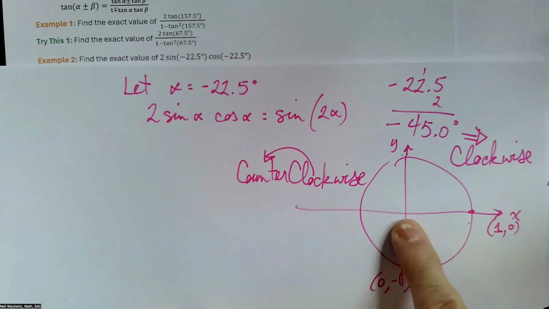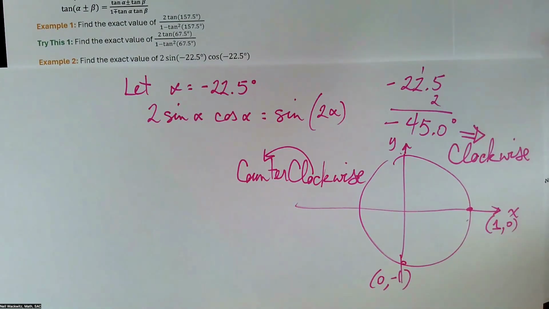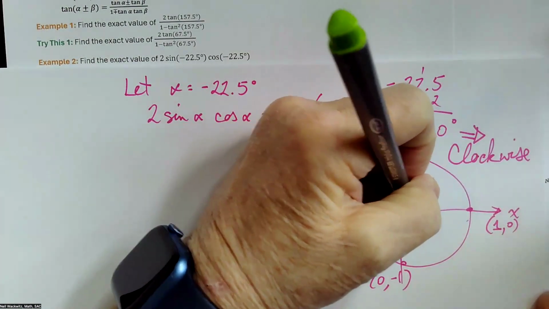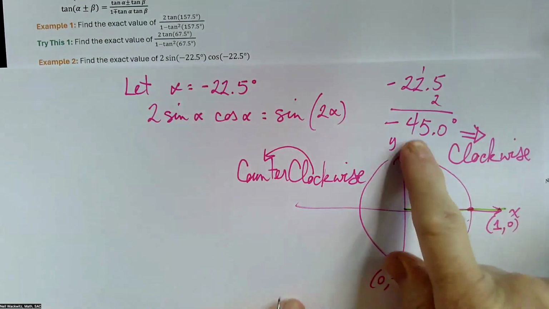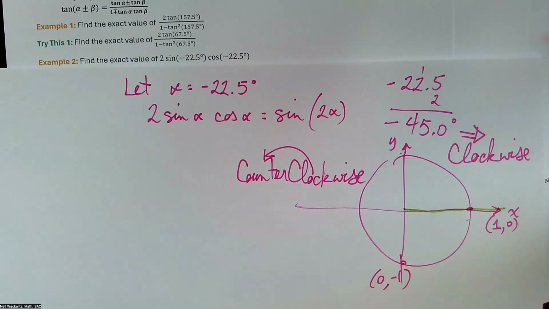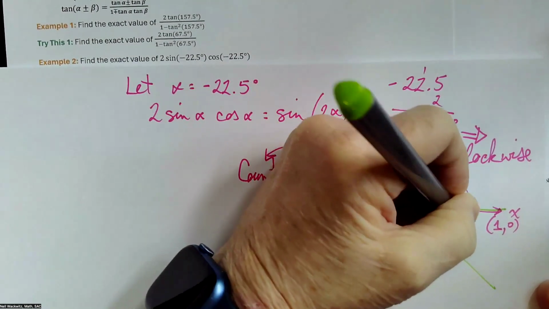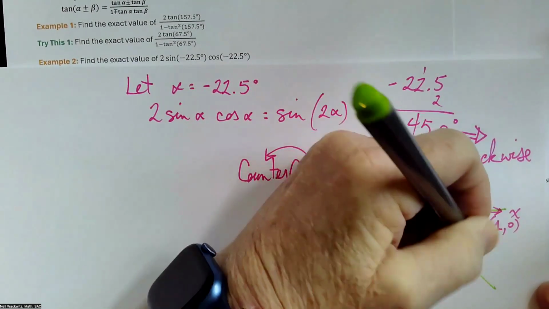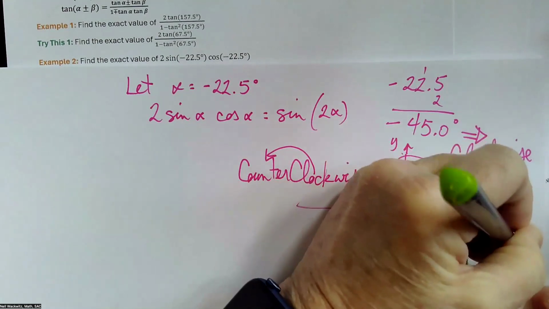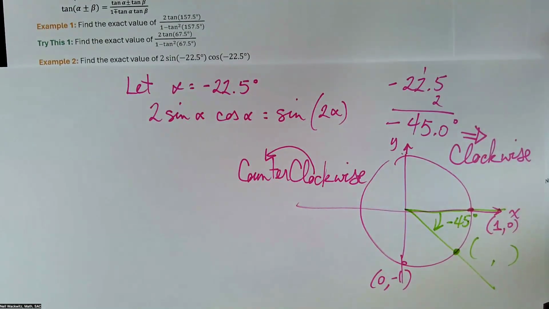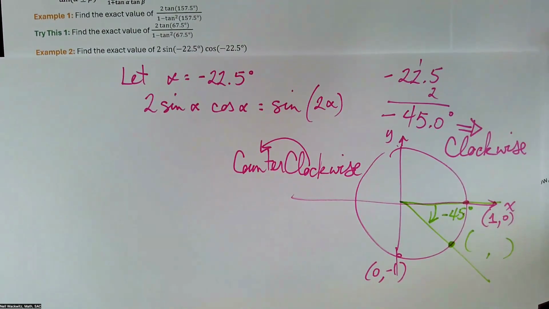And we always start at the positive x-axis. I know if I go all the way to the y-axis, that's 90 degrees, so I'm going to go halfway. And what are the coordinates of this point on the unit circle?